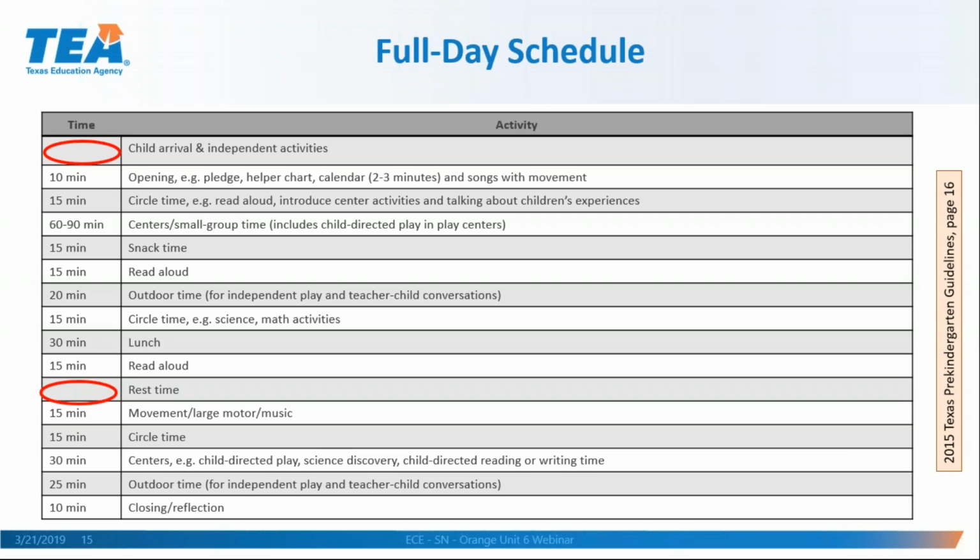So this is still group time, but it's pretty active. And then is circle time. So they might stay in the same large group, but that's when a read aloud would be done. The activities for learning centers would be introduced. And there might be some talking about what the children experienced either overnight or the day before or whatever.